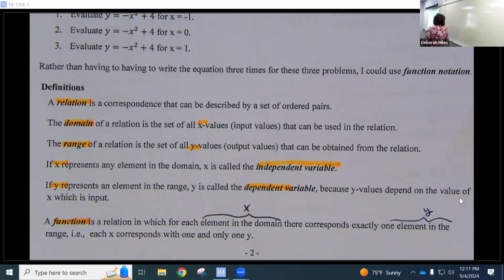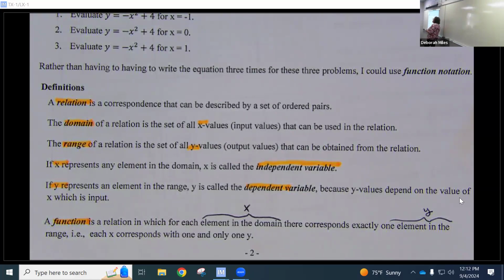I like to think of it as for each question, there's only one answer. If I say I'm gonna call out a name, and that person's gonna tell me their shoe size, that would be a function because each of you only has one shoe size.